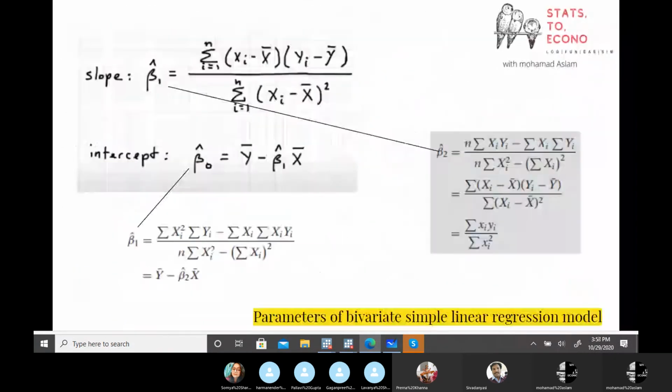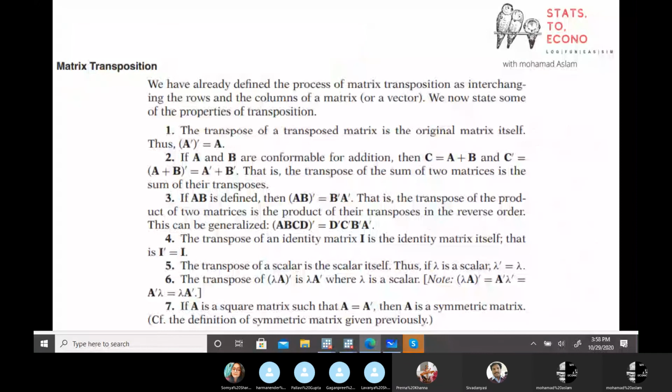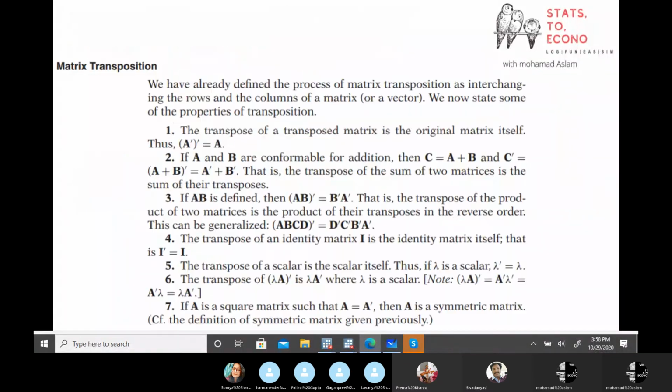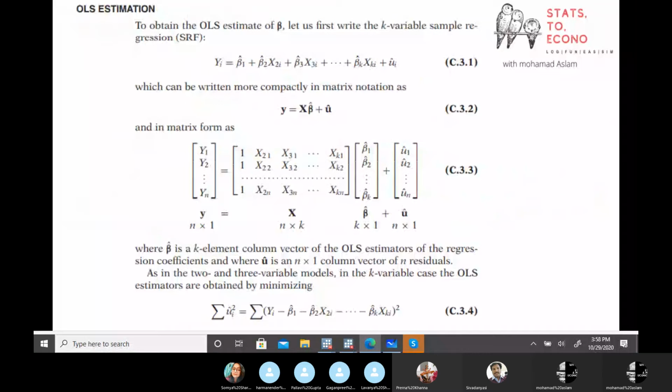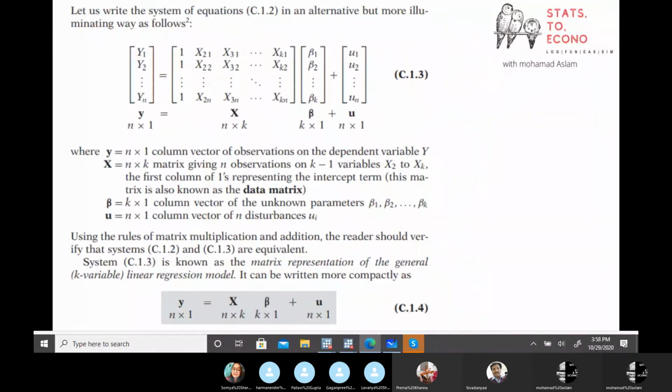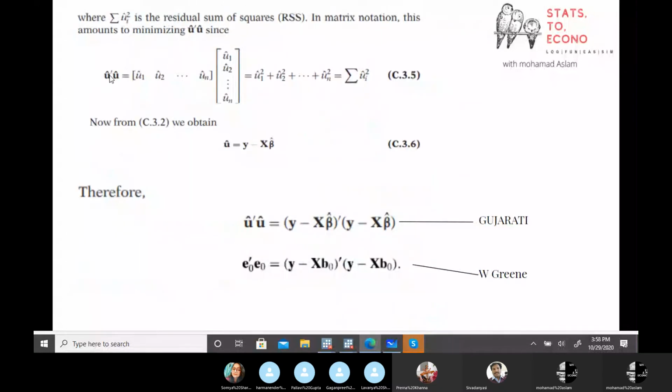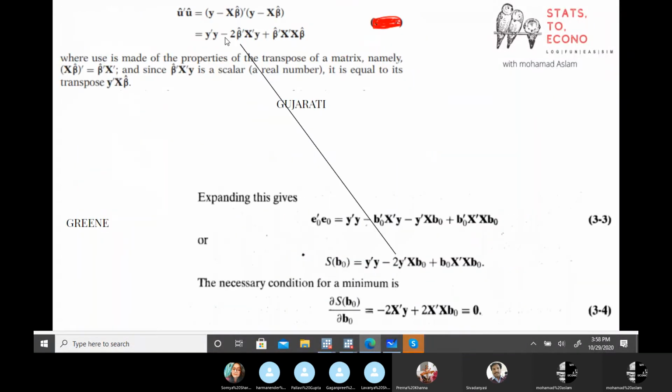Same process we did with the matrix method. Now in place of a simple u hat square, we have the square in matrix form. That's the change in the matrix. And in place of one single equation, now we have n number of equations. So we are using the matrix method. Again, we are minimizing u hat square, but now in matrix form.